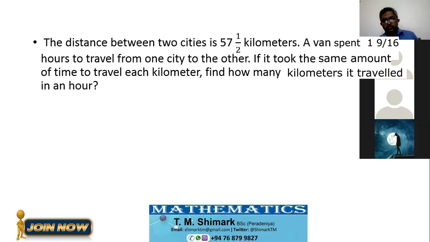Can we do this question? I will just read this question for you. The distance between two cities is 57.5 kilometers. A van spent 1 and 9 by 16 hours to travel from one city to the other. If it took the same amount of time to travel each kilometer, find how many kilometers it traveled in an hour.